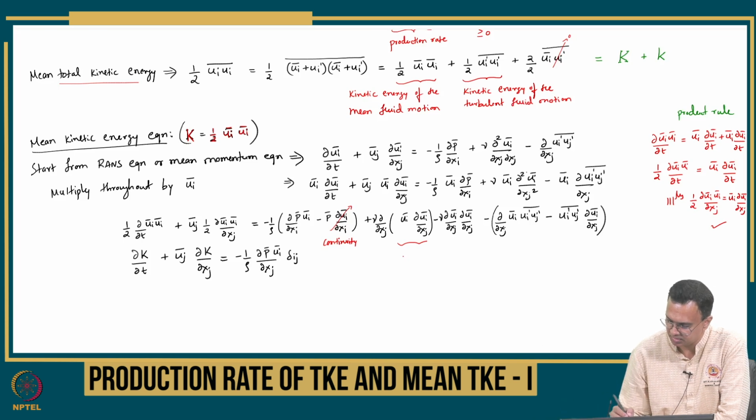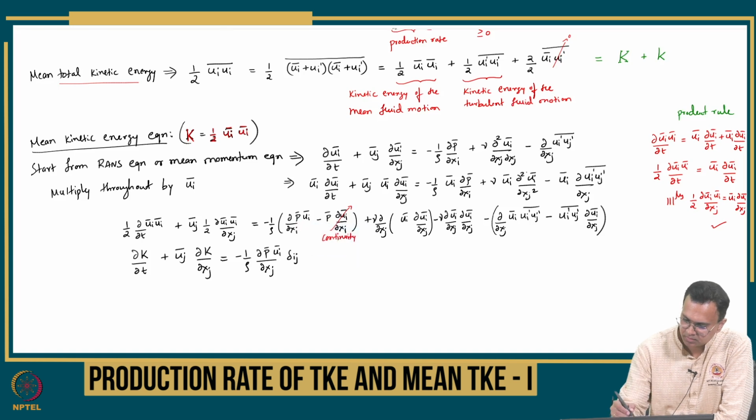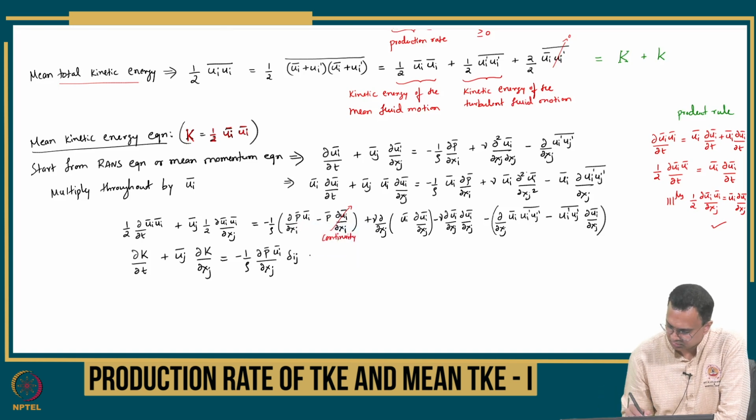So that same term is coming. So I have the viscous diffusion rate, which is mu, and this will be half of this, mu ∂/∂xj of half of ∂ui bar ui bar/∂xj.